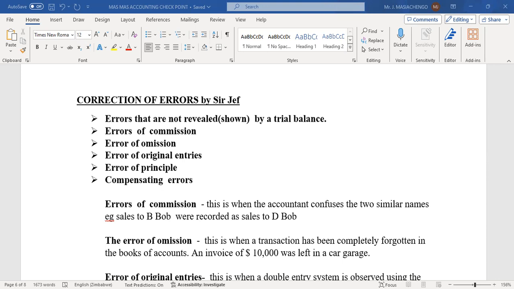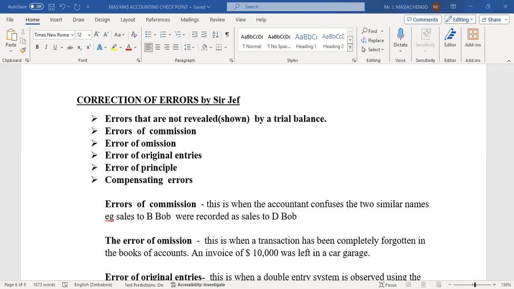But anyway, for those who have done their homework on double entry, let's get to today's topic: correction of errors. There are 6 errors that are required by Cambridge for you to be in a position to state errors that are not shown by the trial balance.